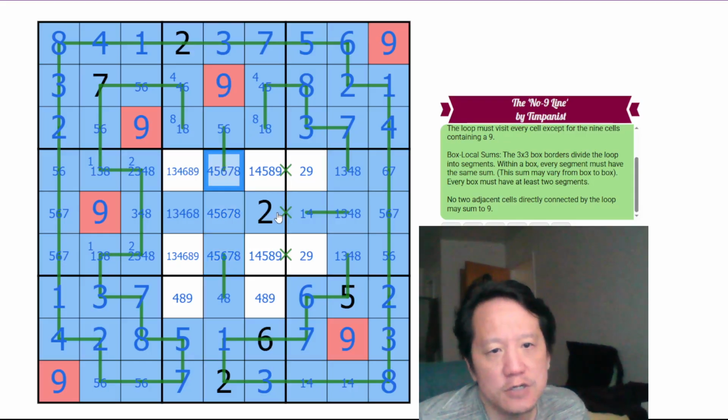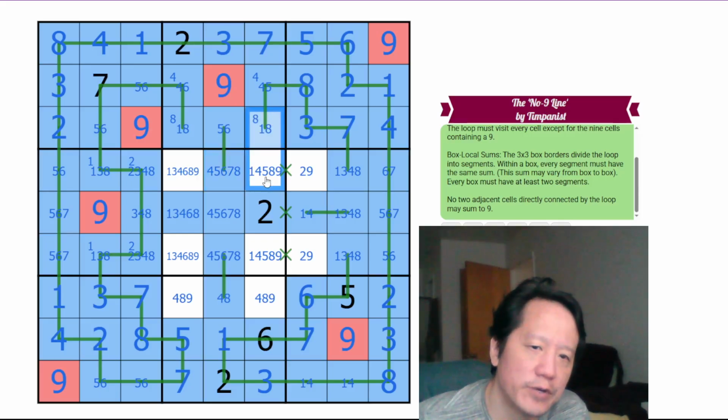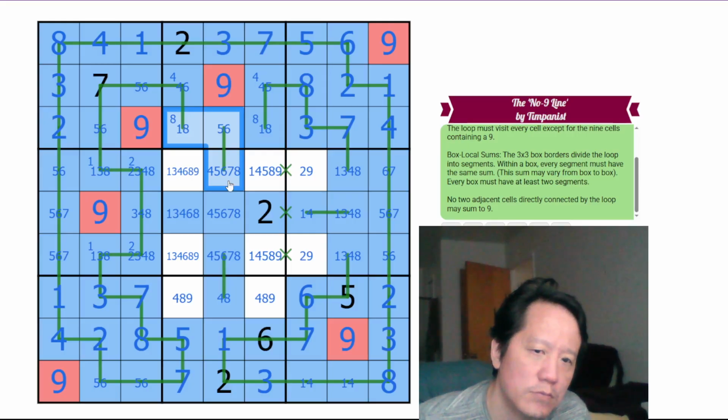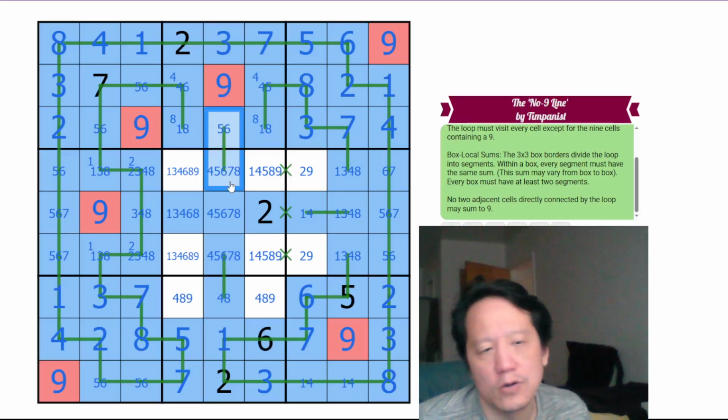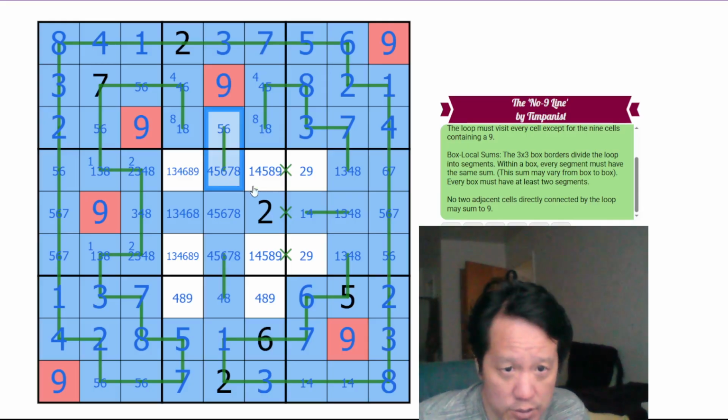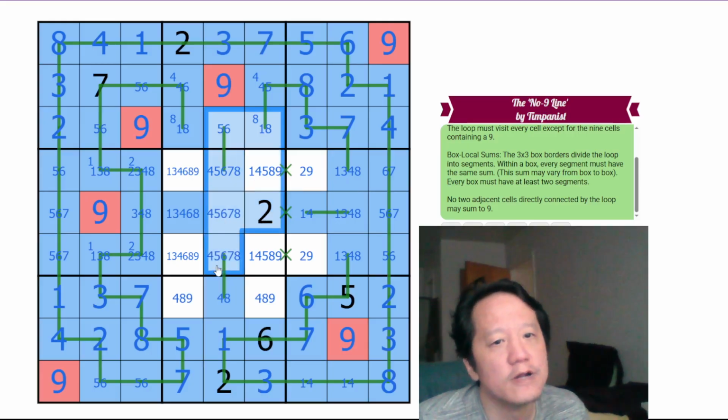This is either going out here and here, or here and here. But we don't guarantee that there's a 9 there. It could do something funky like that, right?